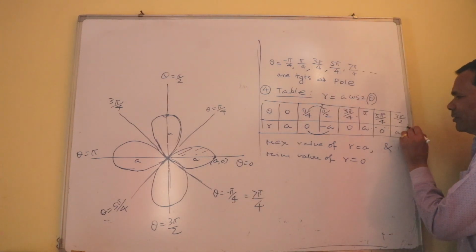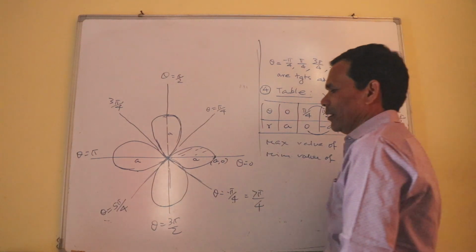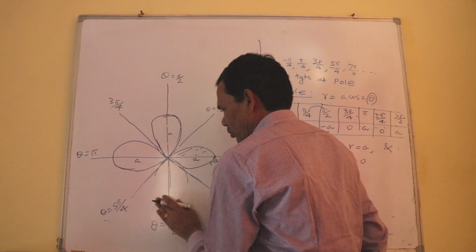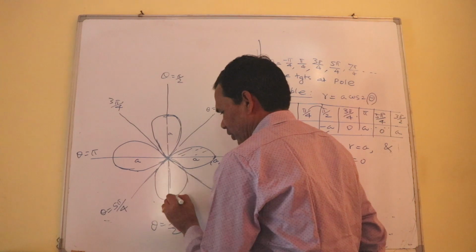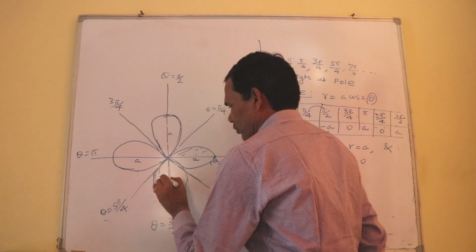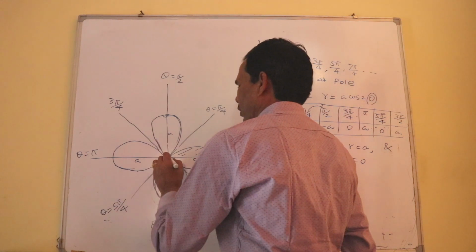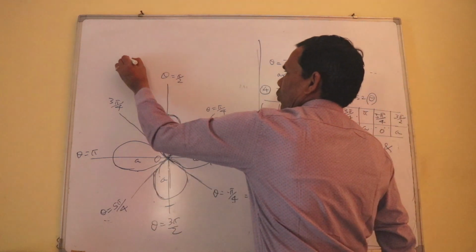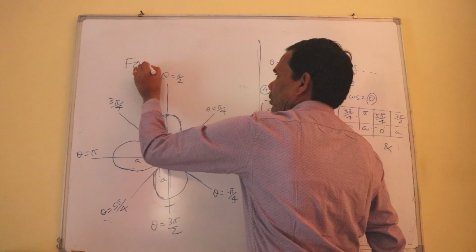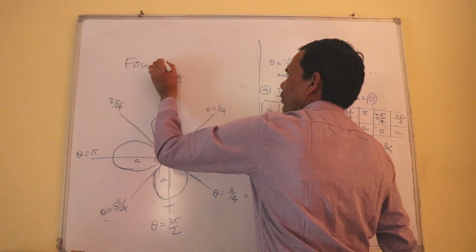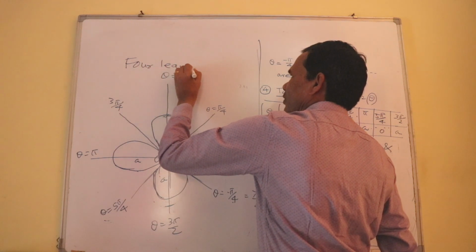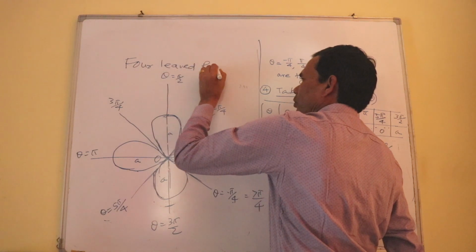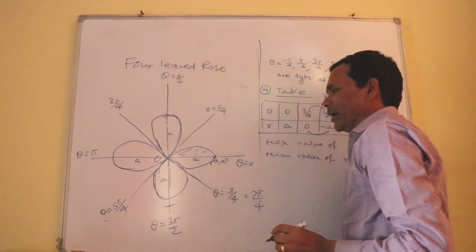So it is something like this you are getting, and this is the loop of length a. If you check these values, you have this particular form. This is called the four-leaved rose, with 4 loops.